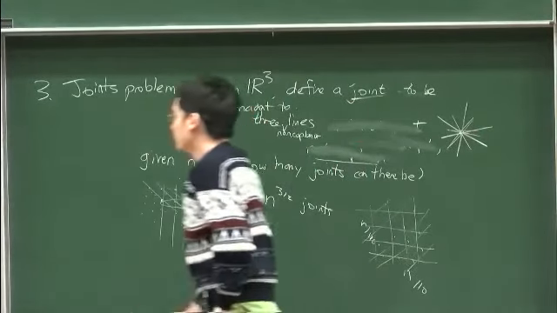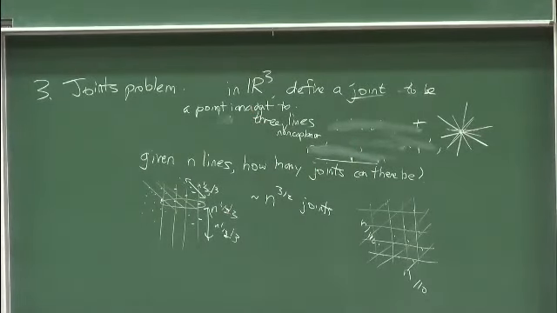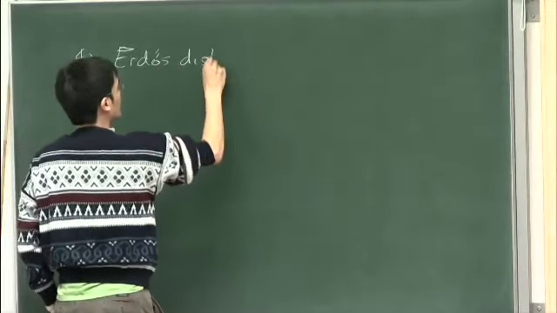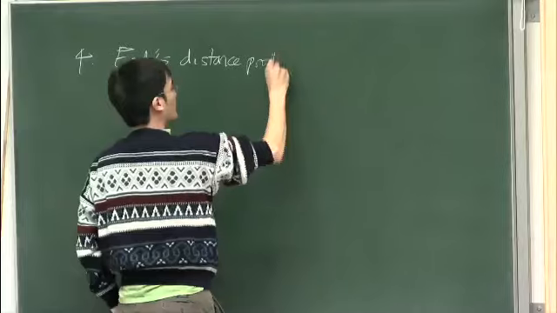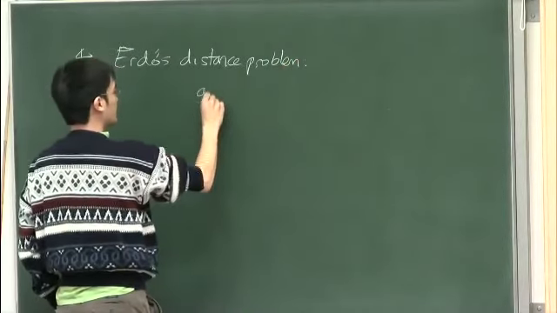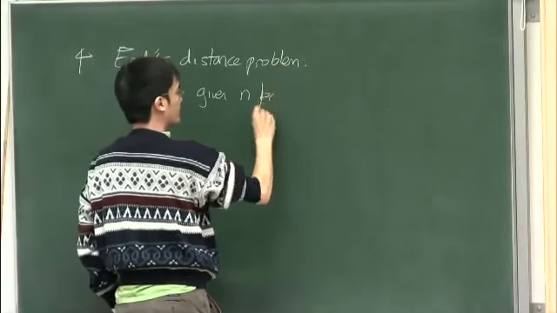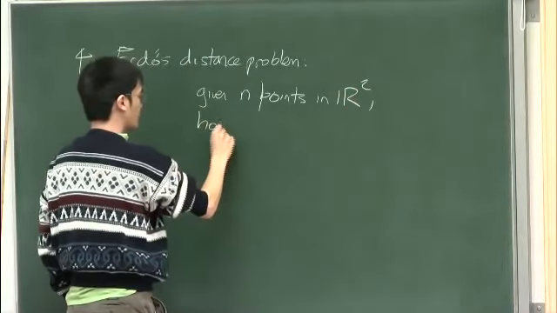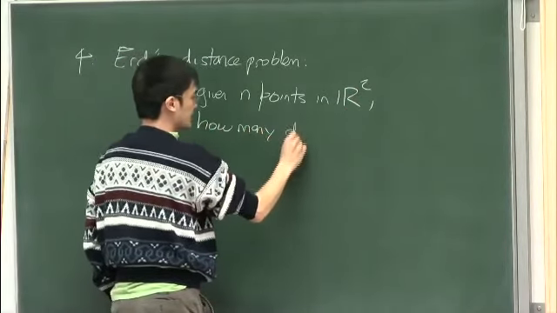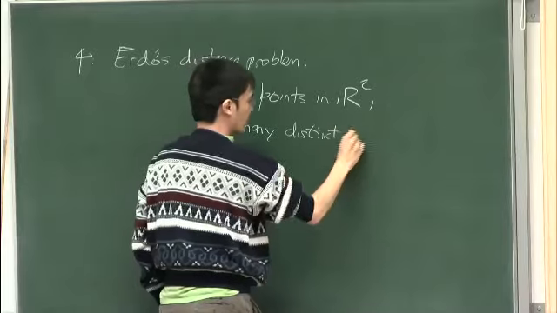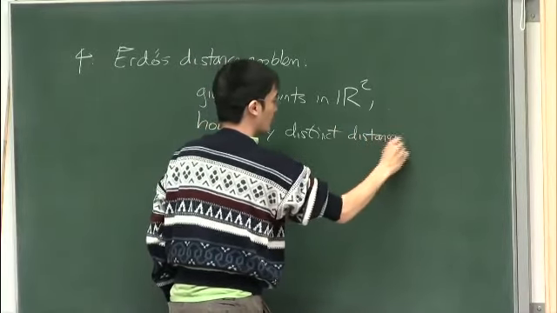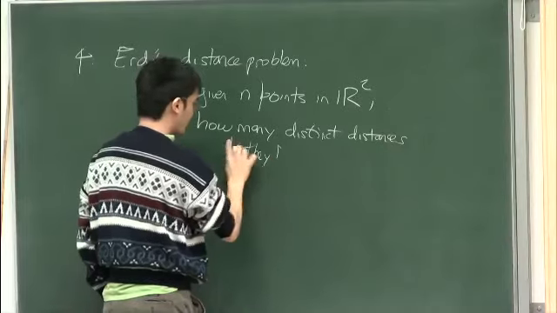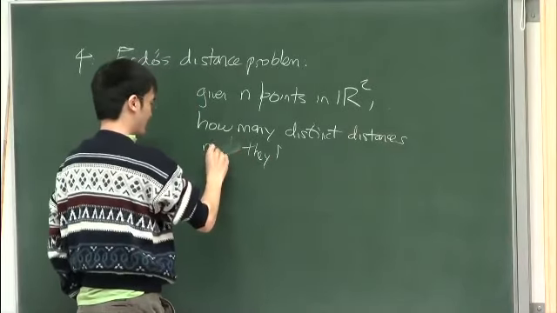Okay, so that's the joints problem, and the last problem I want to mention is the Erdős distance problem. Given n points in R^2, how many distinct distances do they form? Or must they form, sorry.